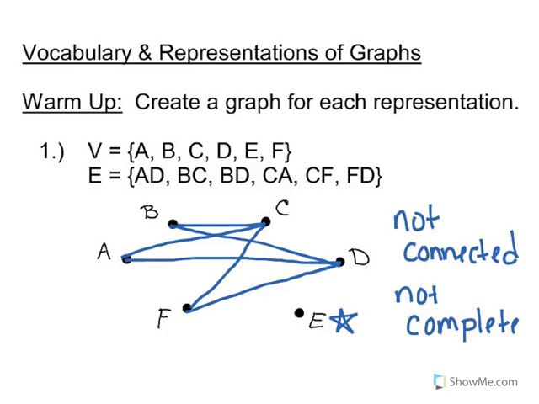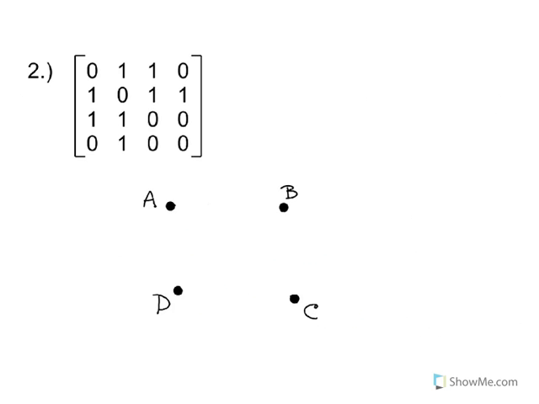All right, the second representation we had was from an adjacency matrix. Now remember, this represents ABCD and ABCD. And a 0 represents no edge between those two vertices, and a 1 represents there is an edge.